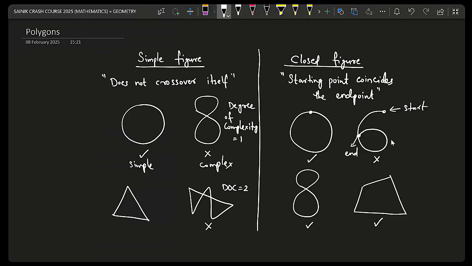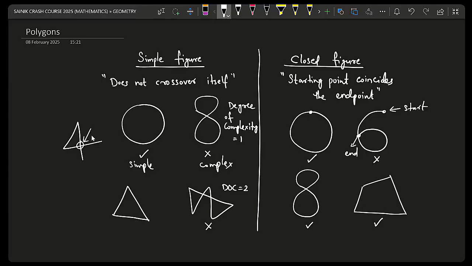Simple figure means it should not cross over itself. See here, let's take a circle. Is it crossing over itself anytime? No, it's not crossing. Crossing over means suppose if I write number 8, the crossover is happening here, right? So the circle is not crossing over itself. Suppose if you try to write number 4, is it crossing over itself here?